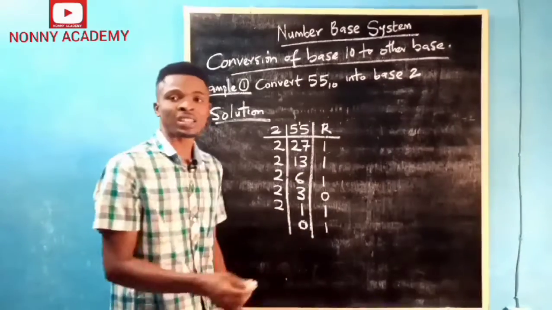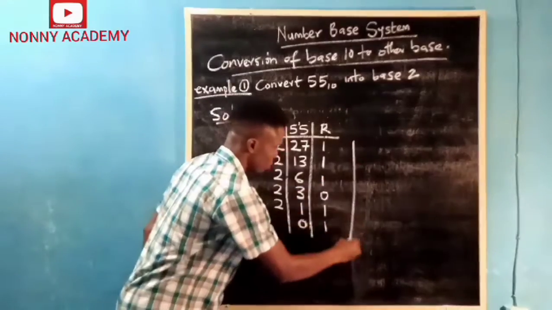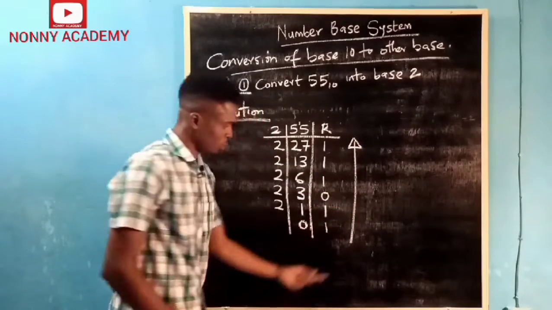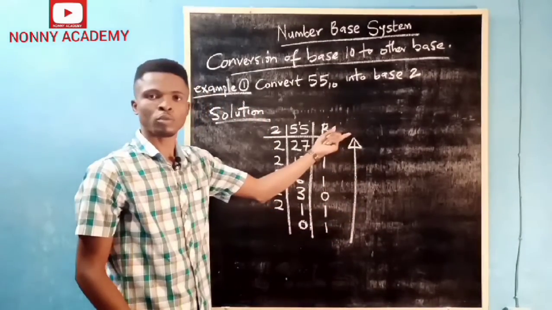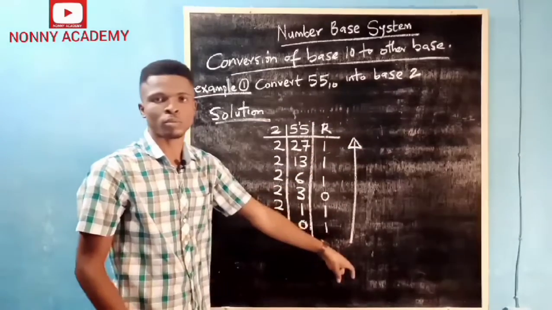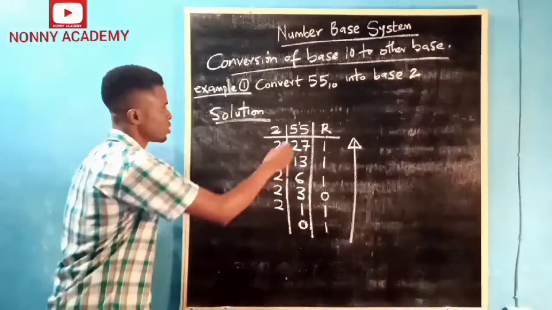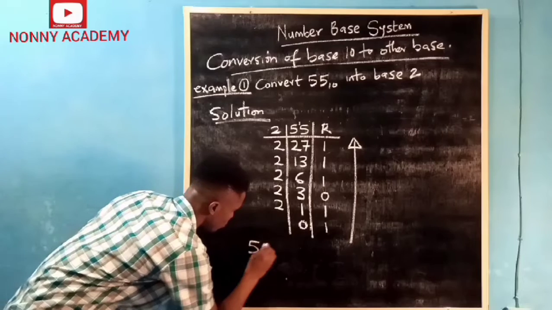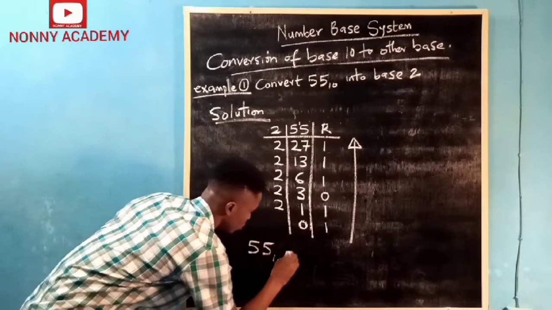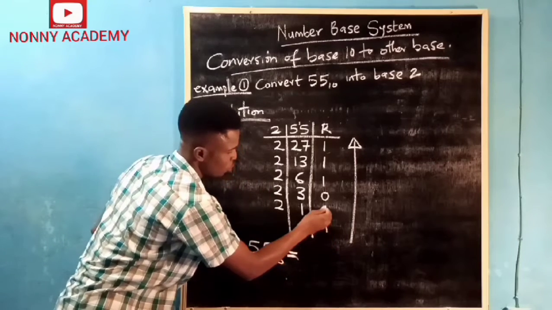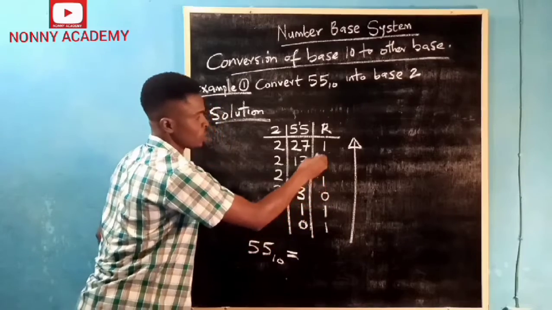Now I will take my answer from the bottom to the top, not from the top to the bottom. Then my answer will be: 55 base 10 is equal to 110111.